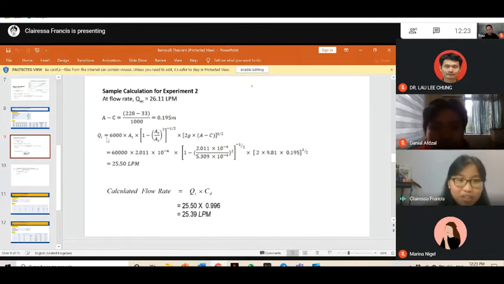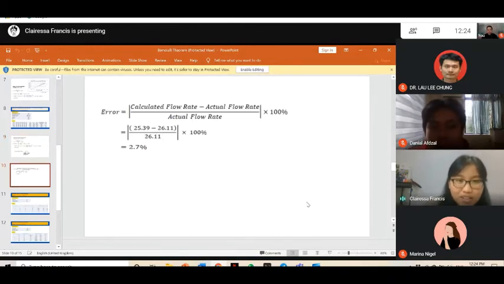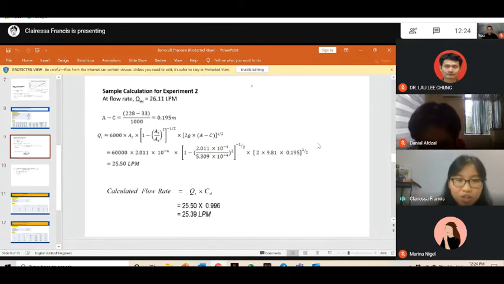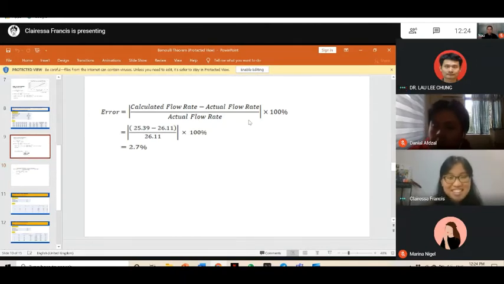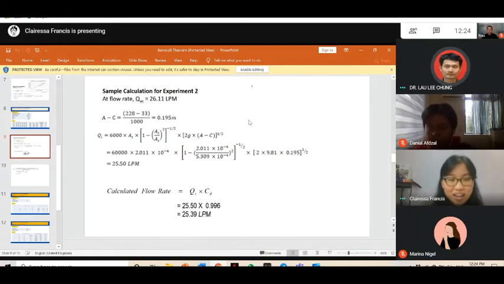Right after we calculate the ideal flow rate, we then need to find the error between the calculated flow rate, which is the Q average, and the actual flow rate, which is flow rate ideal, by using this equation.